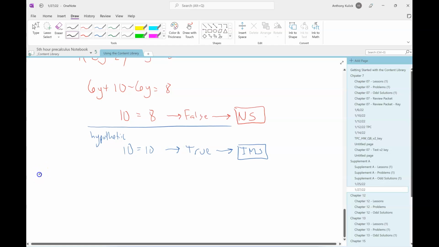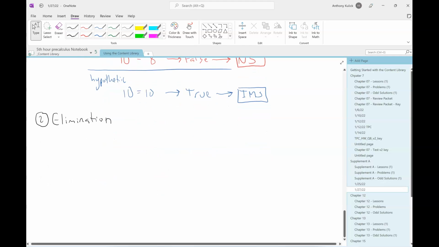Our next method that we're going to talk about is the elimination method. Personally, this is the one that I prefer to use. I think it's the easier one to use, mostly because you can avoid seeing fractions a lot easier doing elimination than we can with substitution. In some substitution problems you run into fractions, there's just no way around it.